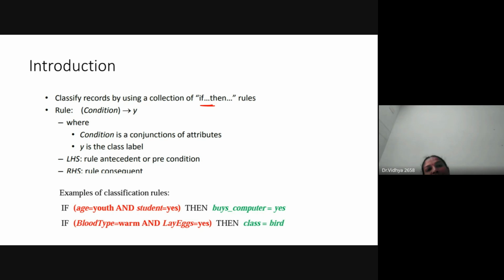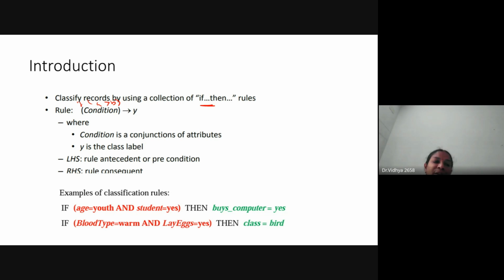Suppose we specify the condition: if A greater than B, then the decision should be Y, or any other value. Here the condition is a conjunction of attributes and Y is a class label.